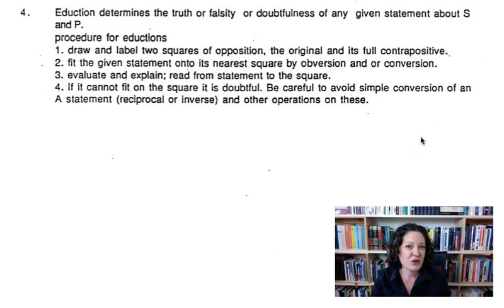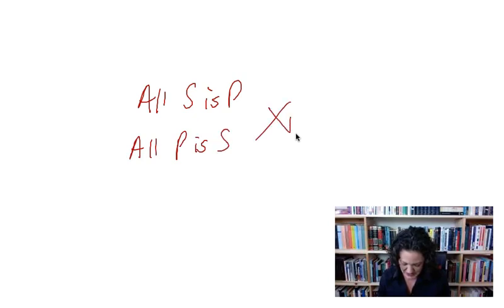Now it says be careful to avoid simple conversion of an A statement and other operations on these. Remember, the A statement only goes one direction. The S is a universal, the P is a particular, and an A converts to I. So a simple conversion is where you can't go from all S is P to all P is S. That is a simple conversion.